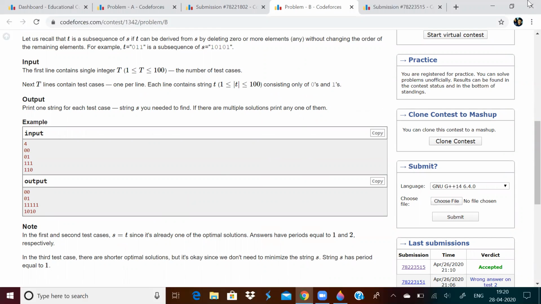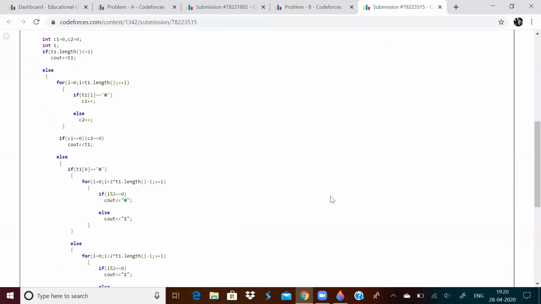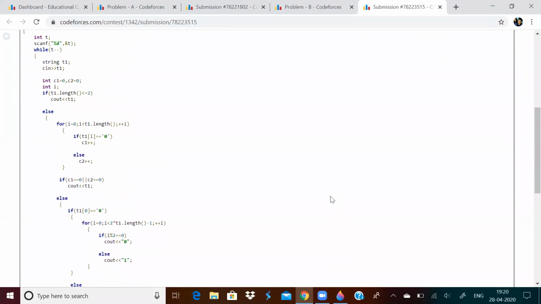Let us look at my code, what I wrote. I am first checking if the string contains only zeros or only ones. If it does, I will print that string s itself.